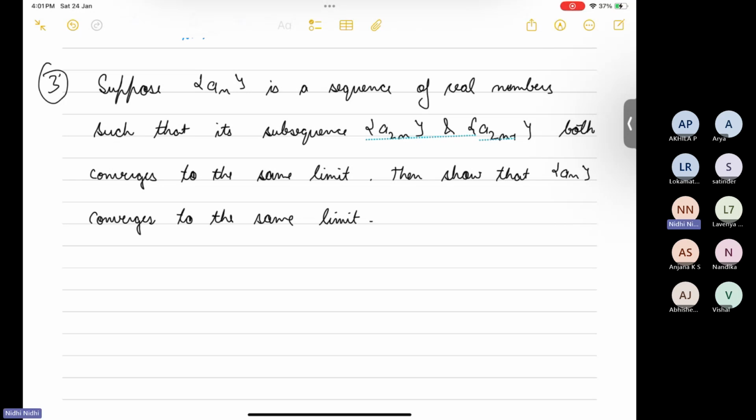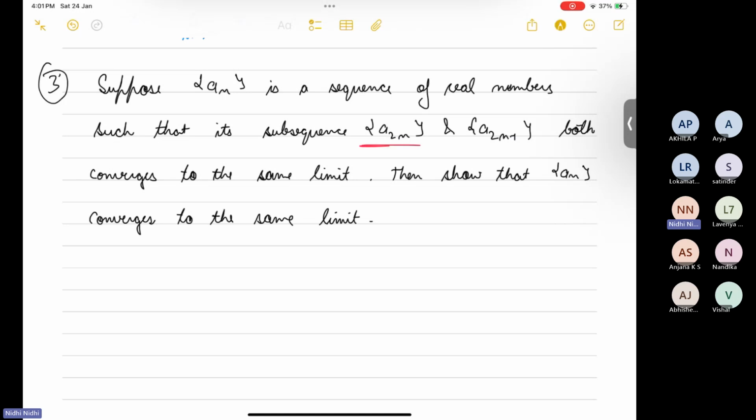When we have a set, we always have a subset. A subset is just a collection that has elements from this main set. Somewhat similarly, we have subsequences. A subsequence is a sequence itself. It has an ordering and an infinite number of elements. But the main thing is that the terms are coming from the main sequence.